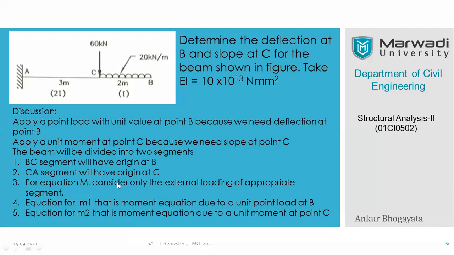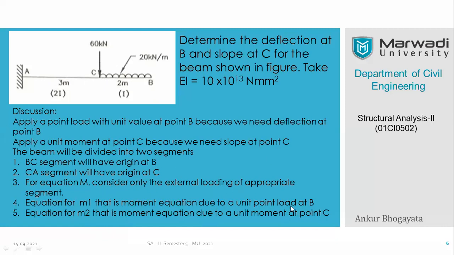You need to create the capital M equation for both segments, as you know from our earlier practices, B to C and C to A. And then you have to go for the small m1 equation, that is due to the unit point load at point B, and a small m2 equation, that is a moment equation due to a unit moment at point C itself.